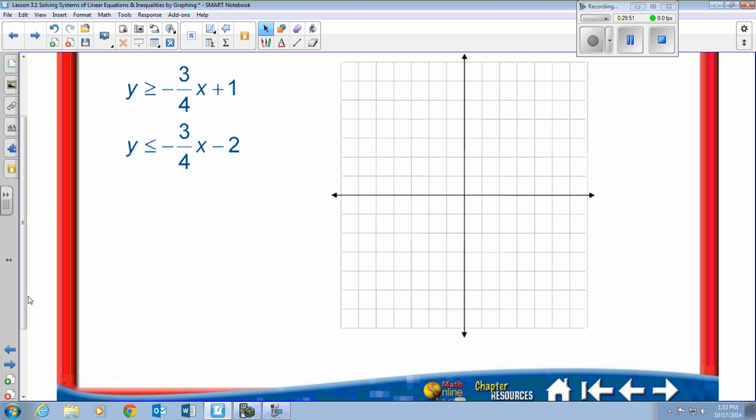So the first one has a y-intercept of 1, and a slope of negative 3 over positive 4: 1, 2, 3, 1, 2, 3, 4. Or up 3, negative 4, either way. And this is a solid line.